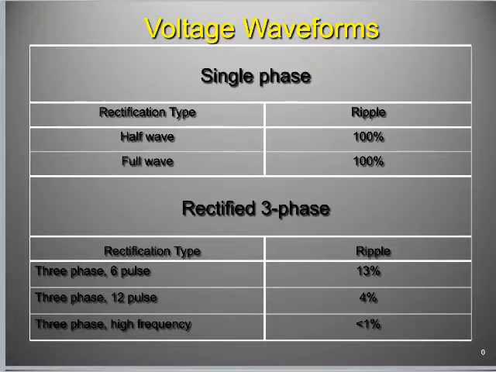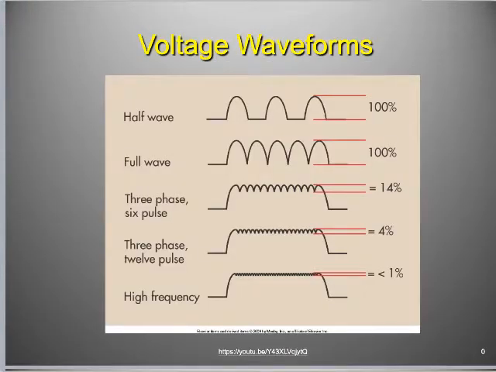So with 3-phase 12 pulse, 4% ripple. With 3-phase at a high frequency, less than 1% ripple. Here's an illustration of them all side by side. Half wave, we just got rid of the lower part, 100% ripple still, 60 pulses per second. Full wave, we flipped the lower part, the power going back to Pitwick Dam, we flipped it over the 0 line.